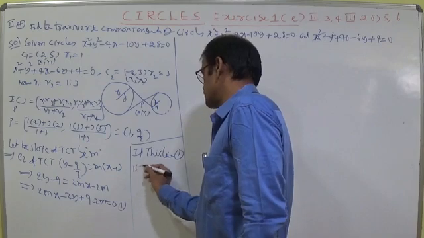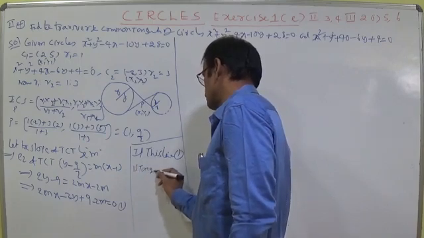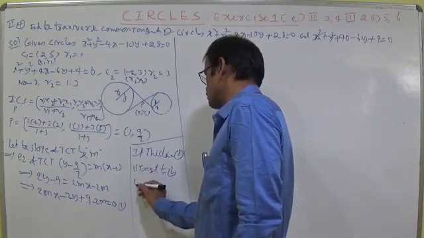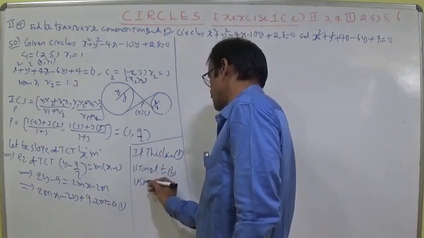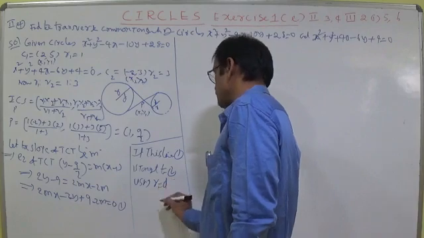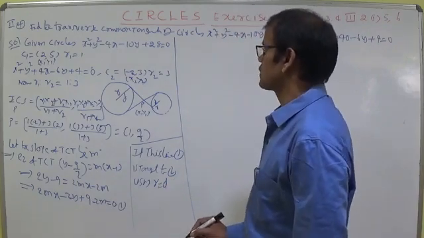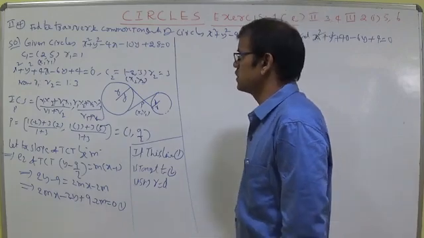If this line is a tangent to the second circle, using r is equal to d. What is r? Radius of the second circle. It is 3. What is d?